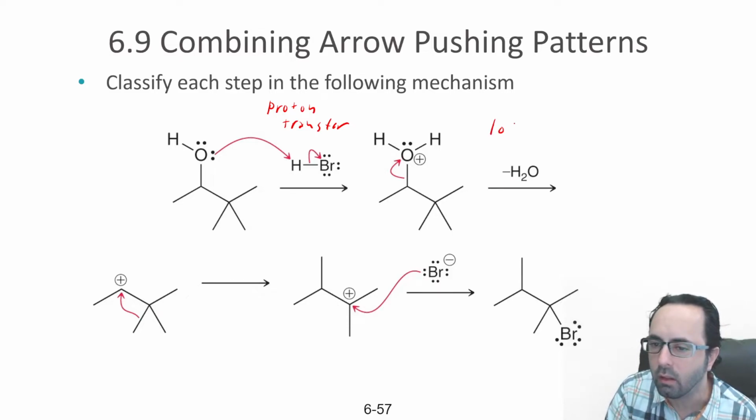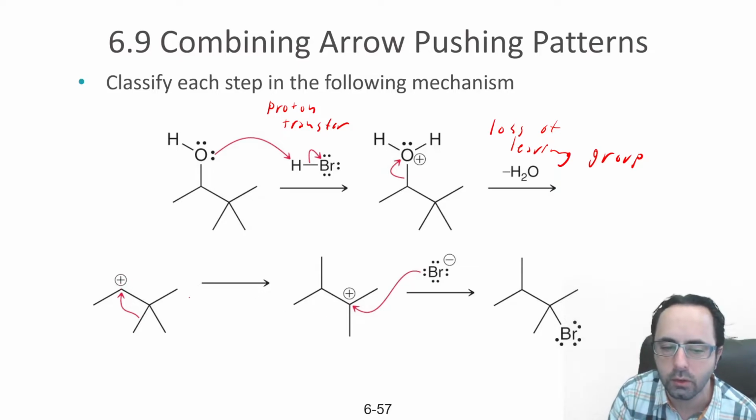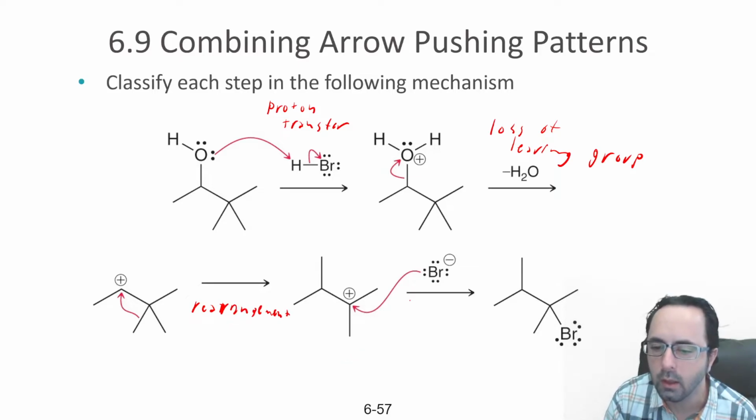So this is the loss of the leaving group. Next, we have this methyl moving over, and the carbocation moving from this secondary carbon to this tertiary carbon. This is a rearrangement, or if we want to be more specific, a carbocation rearrangement.